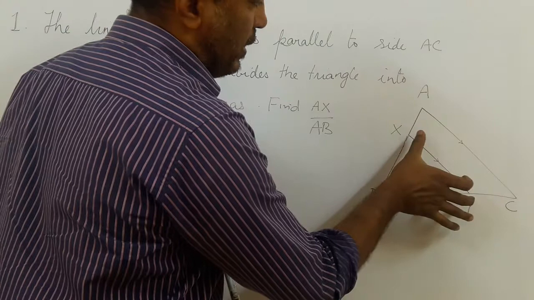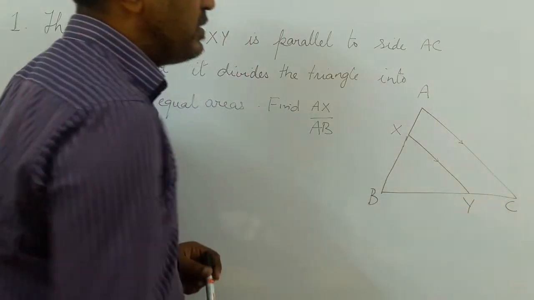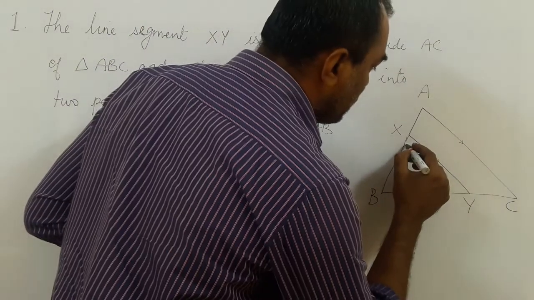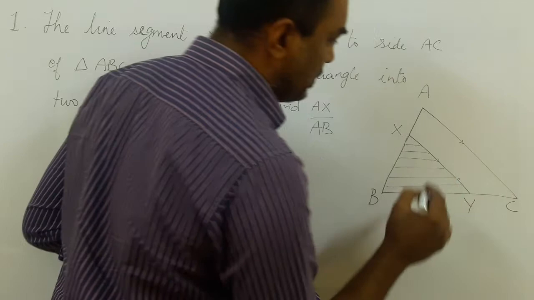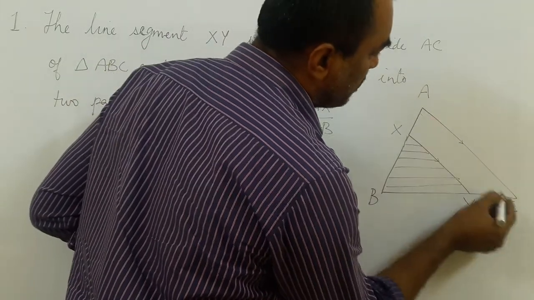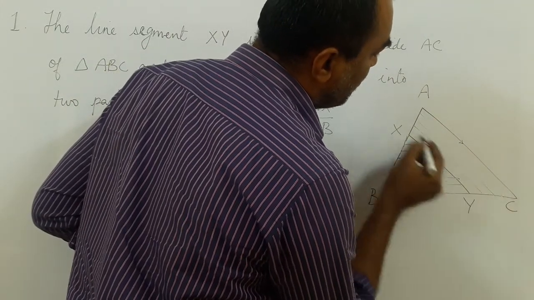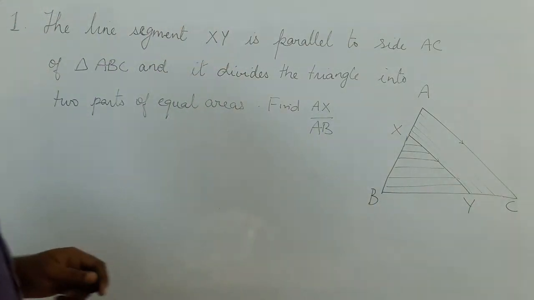This line XY is dividing triangle ABC into two parts of equal area. So this is one part, this area, and this area is equal. Remember, the triangles are not equal.